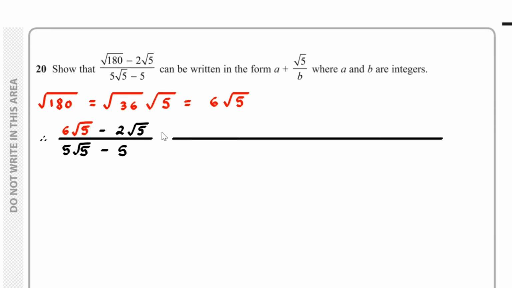So on the top we've got 6 root 5 minus 2 root 5, which is 4 root 5. And on the bottom we've got 5 root 5 subtract 5.